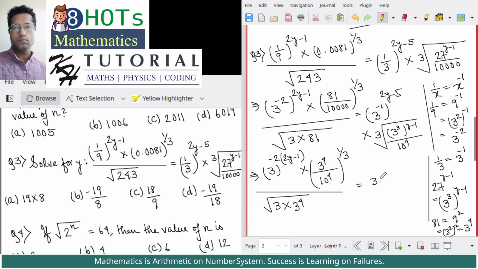So this will be 3 raised to the power minus 1 multiplied by 2y minus 5, and multiplied by cube root of 3 cube raised to the power y minus 1, which means 3 raised to the power 3 into y minus 1, and this whole divided by 10 to the power 4. Okay.